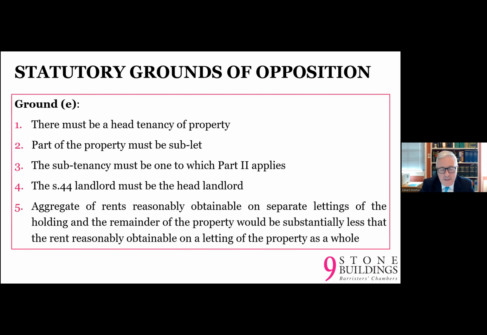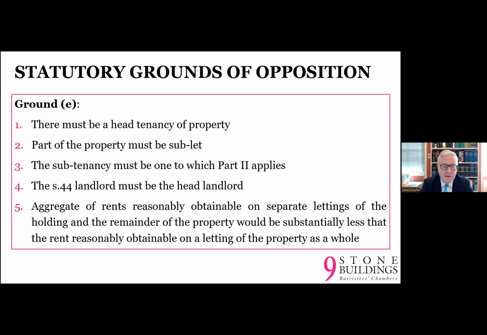And in this way, you'll clearly understand why it is ground E is not often available. There must be a head tenancy of property. Part of the property must be sublet. The sublet premises must be under a tenancy to which Part 2 applies.